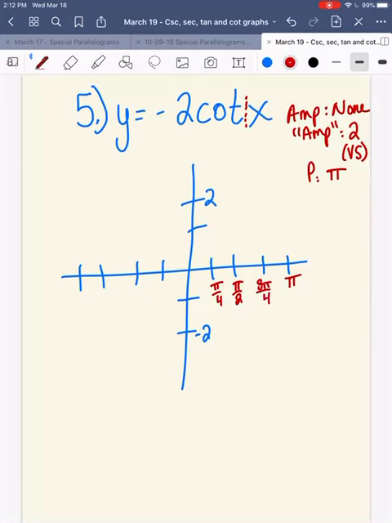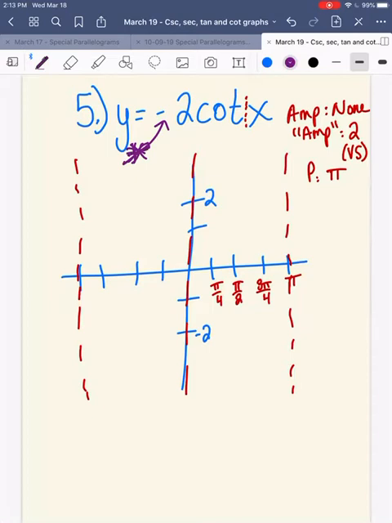Alrighty, and then cotan has asymptotes in the middle and on the end. Honestly, you guys, this is just kind of like memorization. You just got to kind of know where they go. All right, and then we can plot our points. Now, it is a reflection, so let's make a little star there. Oh, that's lovely.